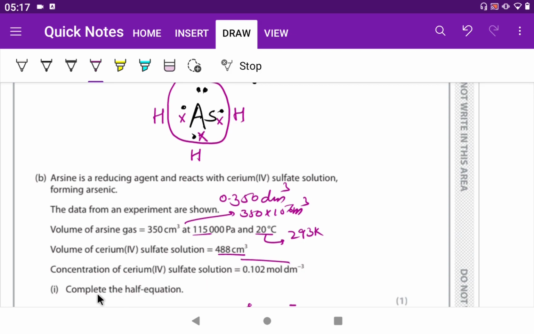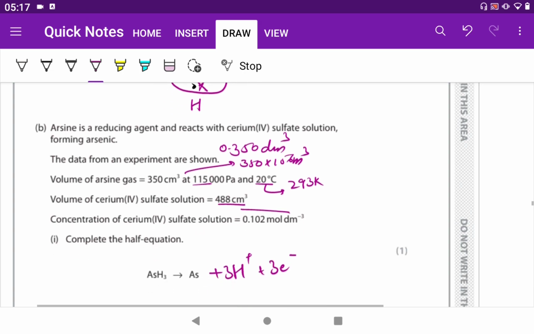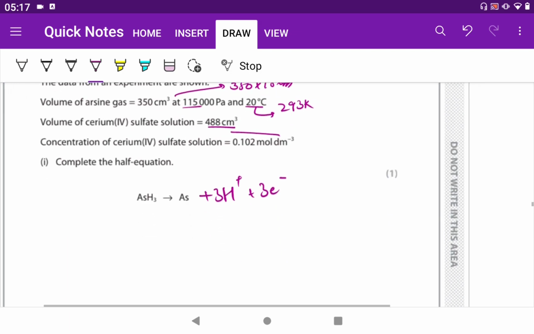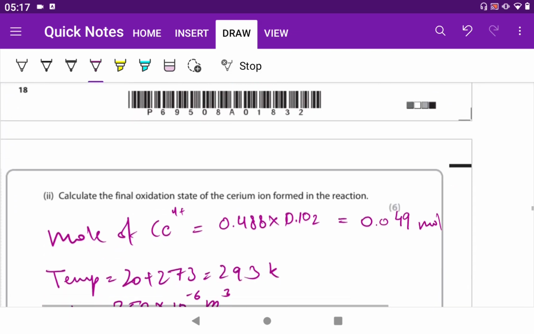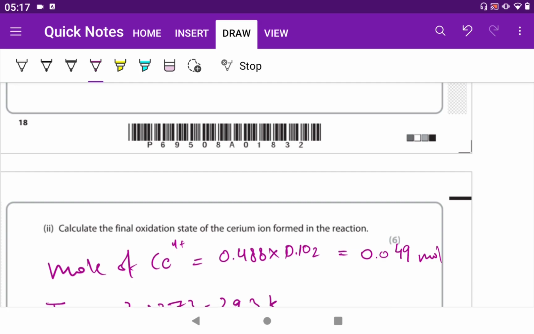So first of all, we have to write the half equation of arsine: AsH3 gives arsenic plus 3 H plus and 3 electrons. Now calculate the final oxidation state of the cerium ion formed in the reaction. For finding that, we have to calculate the moles of cerium Ce4 plus.